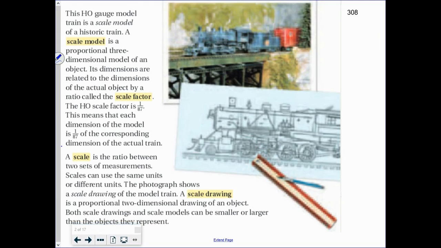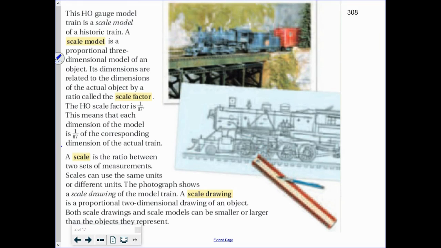A scale model is a three-dimensional model of something. So think about it. You have this huge train, and you want to have it as an electric train or even just a model train to sit on your shelf. You need to shrink it down, but you want it to look as much like the original as possible.